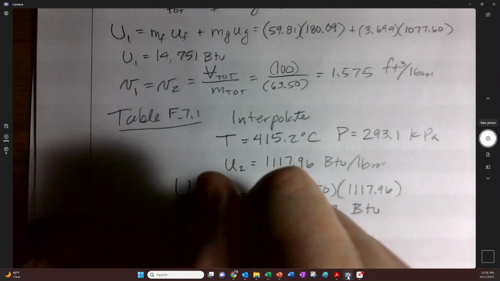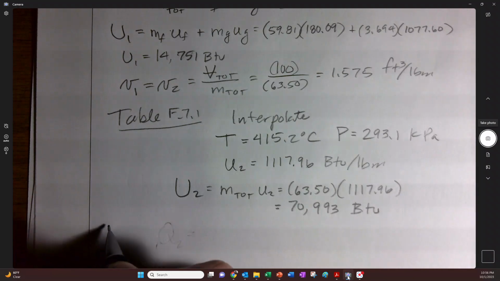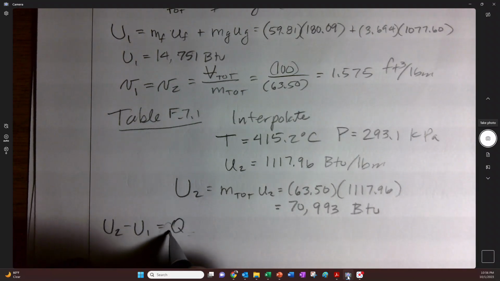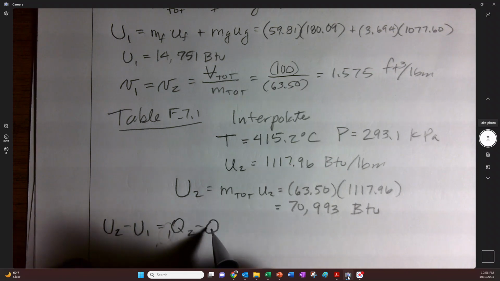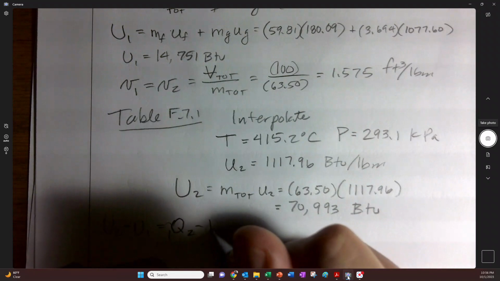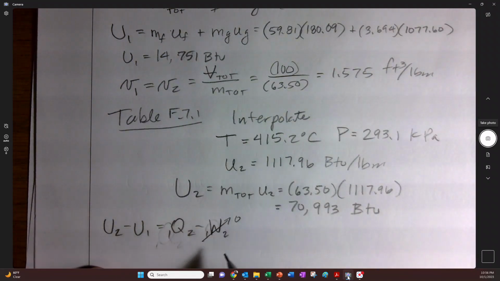And so therefore Q from 1 to 2. I should have gone through this on the previous video, and this would be good practice. Note the big equation that we were using. Work between 1 and 2 is equal to 0 because there's no volume change, right?